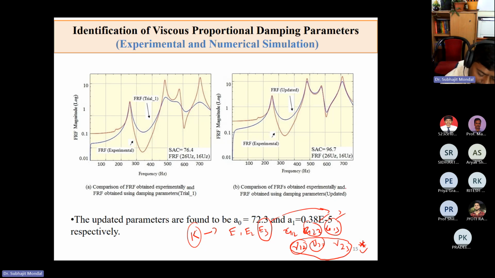Now if you have a plate which is very thin, in the sense of 2 mm, 5 mm, 10 mm, in that case we'll observe that E3, G13, and G23 do not have a big role there. To get our updated stiffness, you'll observe that only three parameters, E1, E2, and G12, play a big role in the updating.